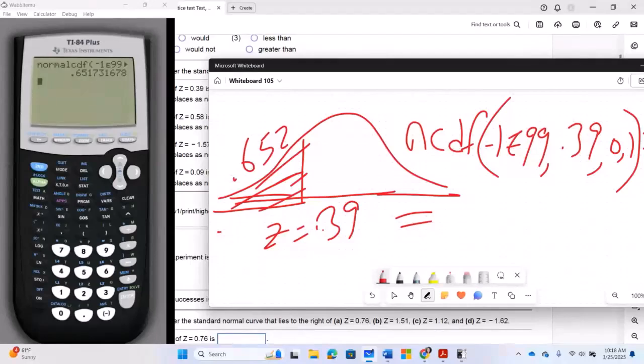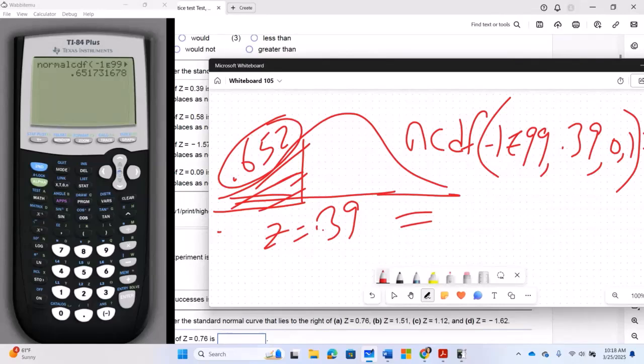In other words, the percentile corresponding to z equal to 0.39 is 65.2%. In other words, the z-score covers the 65th percentile. Okay, so that is the answer for the question.